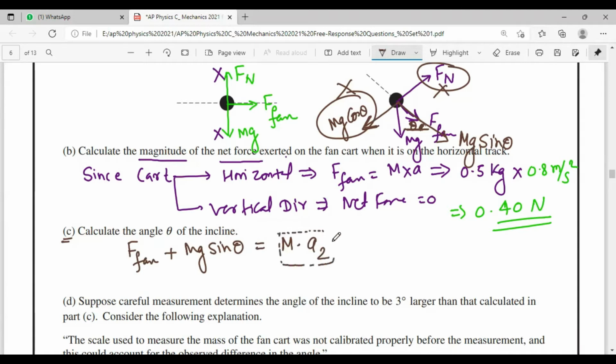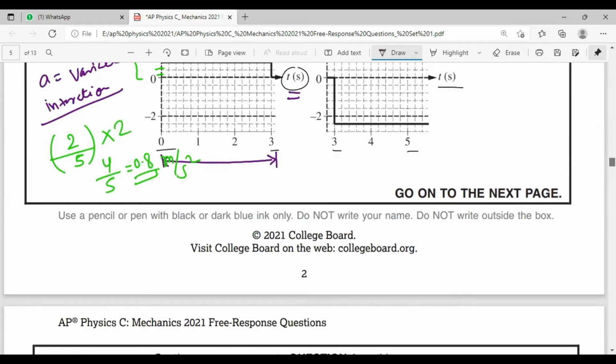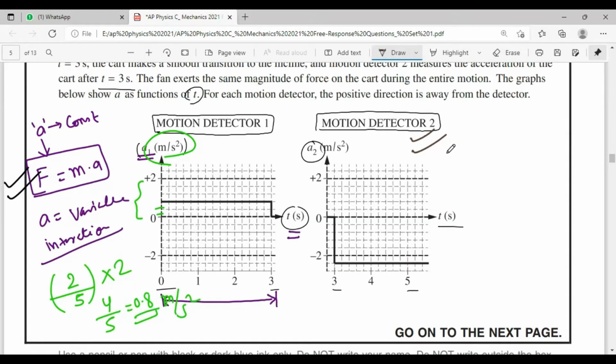Or we can write first mg sin theta plus F fan should be equal to F net, right? And what should be F net? See, this acceleration is the overall final acceleration for time t equal to 3 to t equal to 5 seconds. So this is the acceleration for the time 3 to 5 seconds. And what will it be?